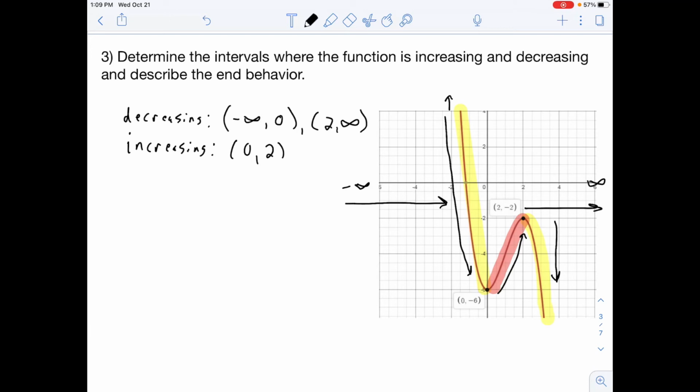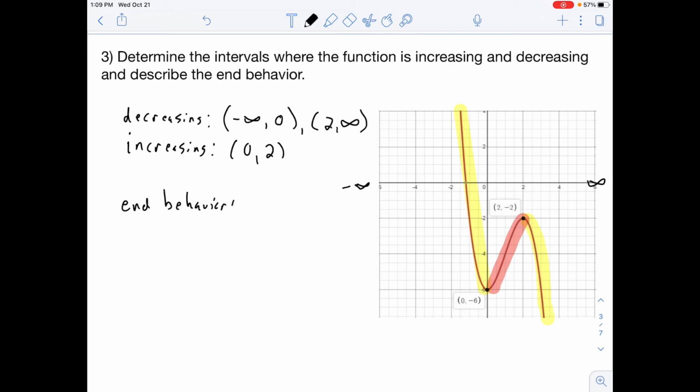Okay, so let's talk about end behavior. So I'm going to get rid of a couple of these lines, not to confuse you. So for end behavior, the function, remember, as we go to the left, are we going up or are we going down?